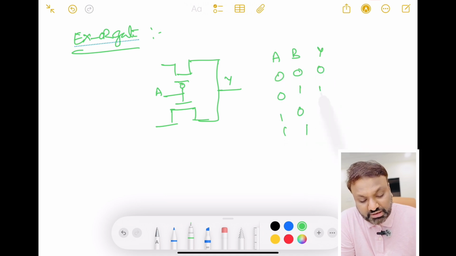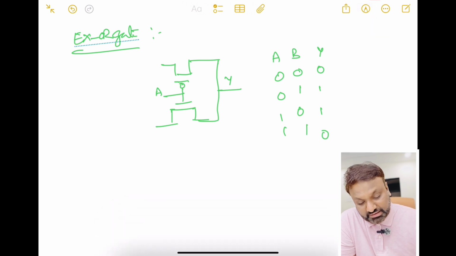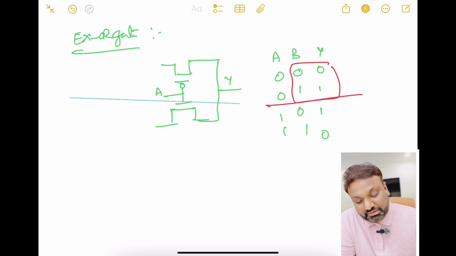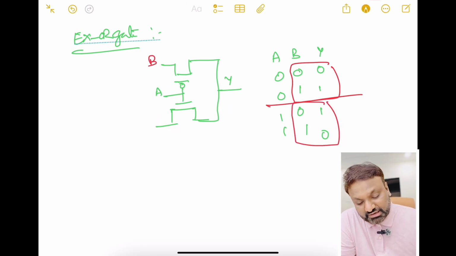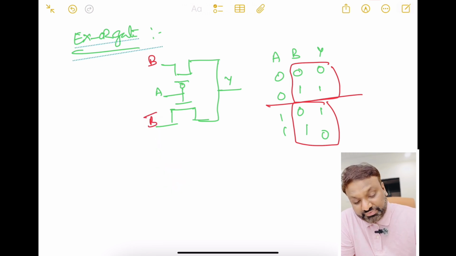So what is exclusive OR? I get output 1 whenever there are an odd number of 1s in my inputs, right? So what will be the diagram here? When A is equal to 0, Y is nothing but B, and when A is equal to 1, Y is nothing but B bar. This is the implementation of the exclusive OR gate by using pass transistors.